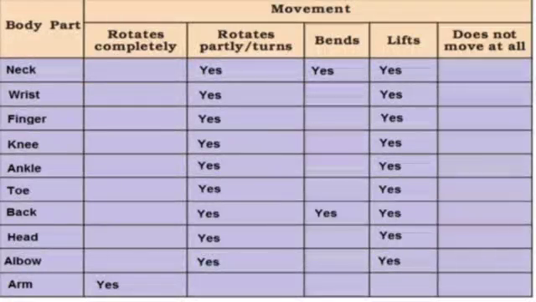Now your back. When you bend down, when you bend up, but you cannot rotate it. You can partly rotate while doing exercise and all. You can bend also when you bend down and all, and you can lift up also. Head also you cannot rotate completely, but partly you can easily rotate and you can lift up also.